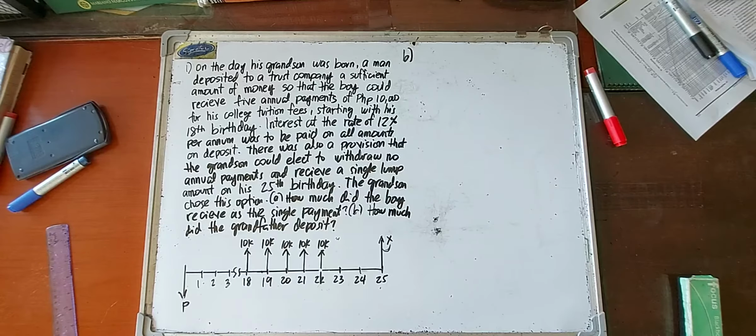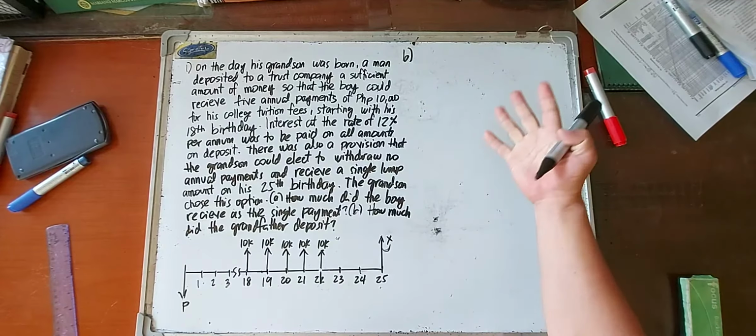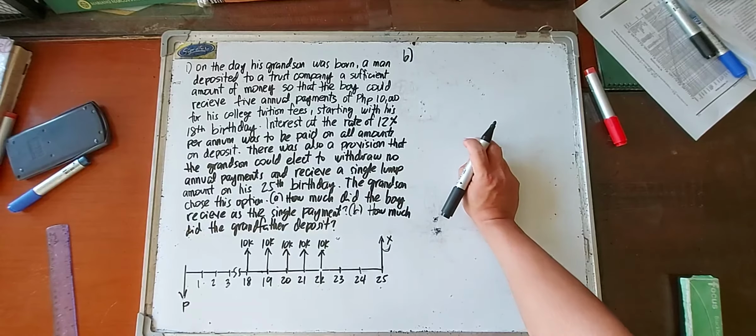So magkano daw yung dineposit ni lolo para makakuha yung grandson ng 10,000 on his 18th up to 22nd year. So magkano? So we can have several solutions for this. Maybe we can discuss at least 3 solutions siguro. And let's try to compare.